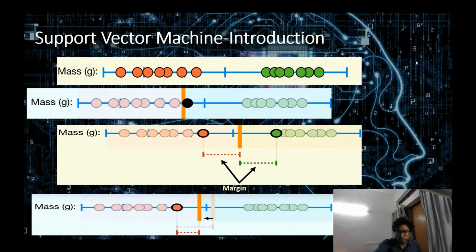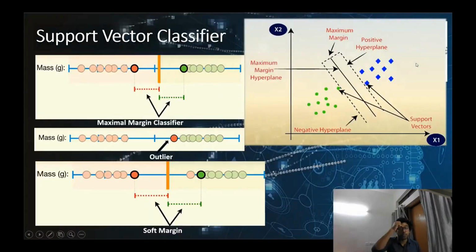So now moving on to this. Okay. If you put this orange line exactly in between the nearest green example and the nearest red example, that is basically called the maximal margin classifier, because then only you will have this maximal margin.